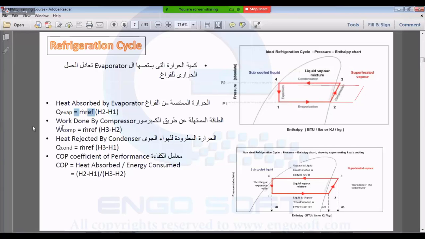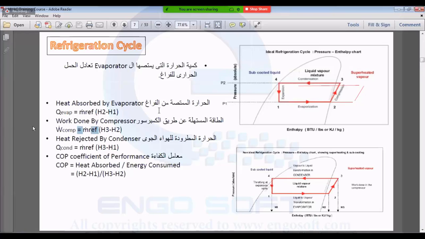H2 minus H1, okay. So the work by the compressor is the refrigerant flow rate multiplied by H3 minus H2, which is after the compression. That's the amount we pay to the cycle to get cooling. When we reach state 3, the refrigerant goes to state 4 in the condenser, right?